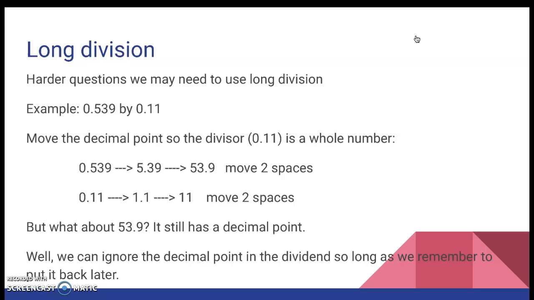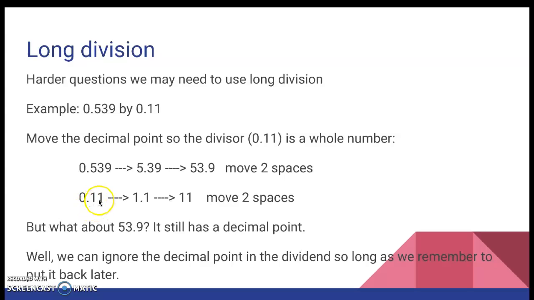For example, 0.539 divided by 0.11. Move the decimal point of the divisor so that 0.11 is a whole number. In order to make this a whole number, we need to move it 2 spaces. Remember, if we move the divisor 2 spaces, we need to move the dividend 2 spaces.